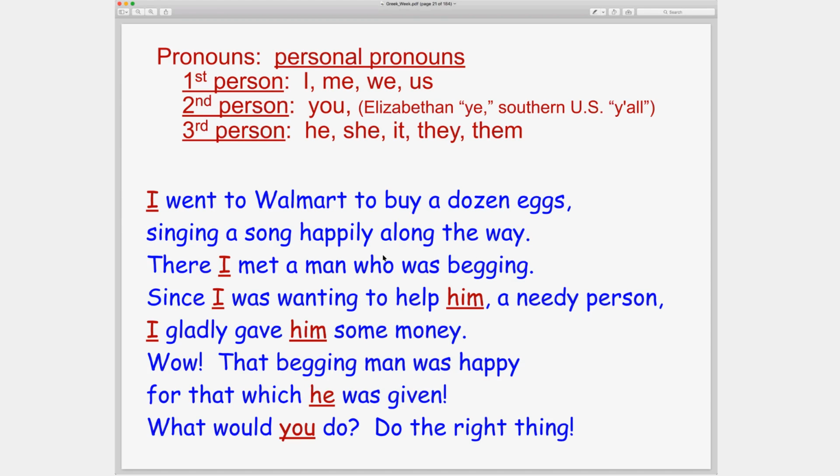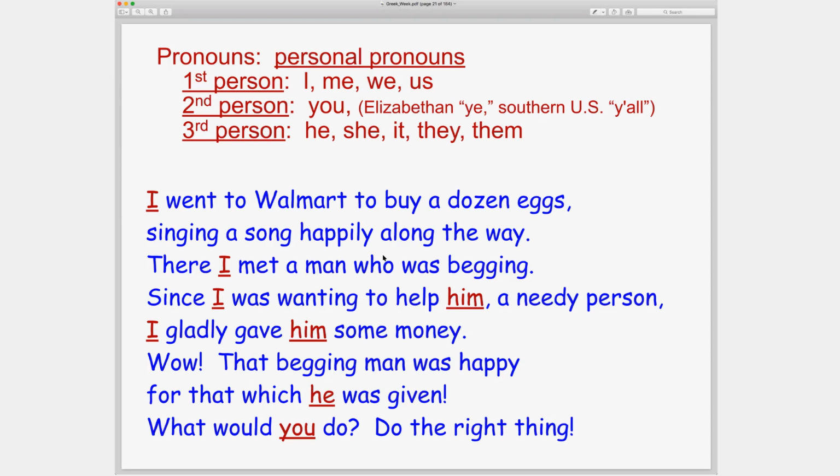Second person in English can only be you in modern English, unless you're reading Elizabethan English or you're in the southern U.S. where the slang y'all is used, which is plural. So singular or plural, but no subjective or objective, they're both the same. Third person: he, she, it, they, or them. He, she, and it are all singular.